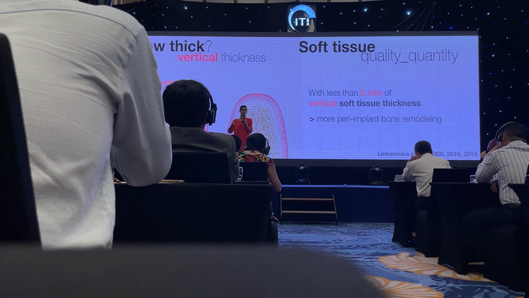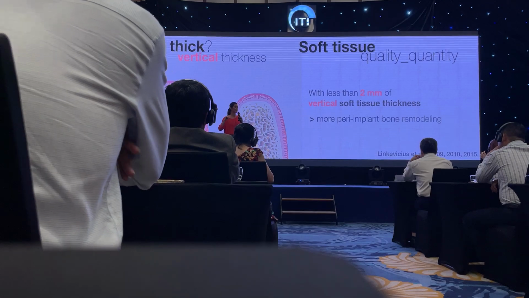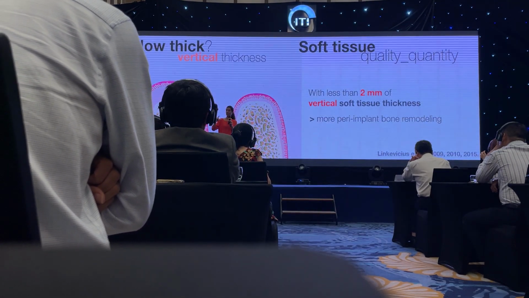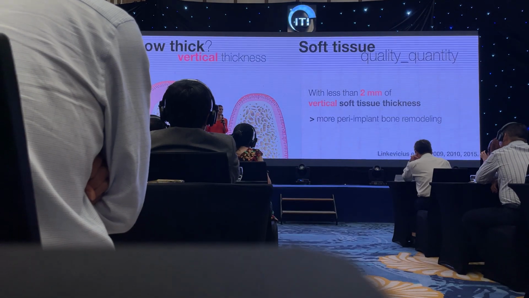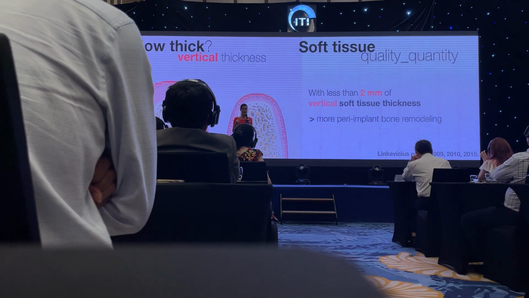So here we have 2 bone crests. They have the same dimension. But on one side we have a thick tissue, let's say 4 millimeters, and on the other side it is thin, with 1 millimeter of soft tissue.